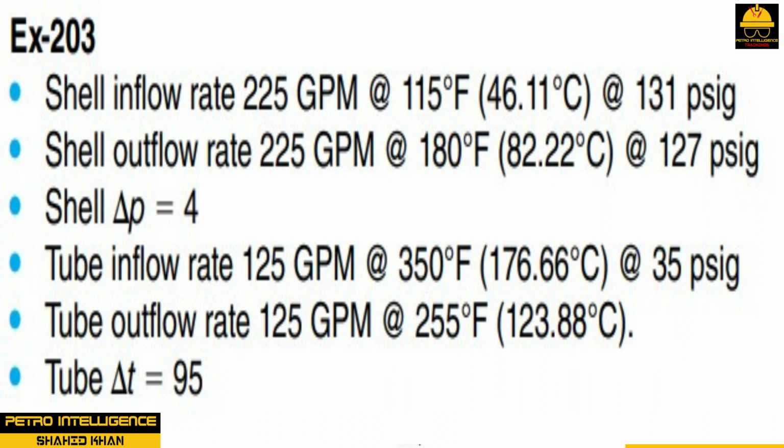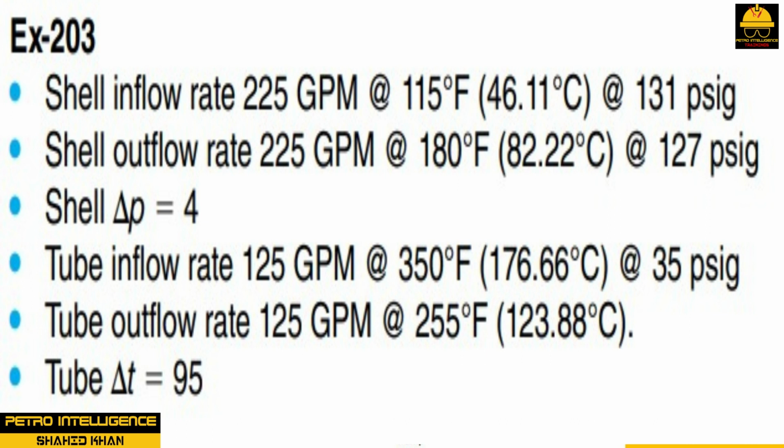X203. Shell inflow rate 225 GPM at 115 degrees Fahrenheit or 46.11 degrees Celsius at 131 psig. Shell outflow rate 225 GPM at 180 degrees Fahrenheit or 82.22 degrees Celsius at 127 psig. Shell delta P equals 4.